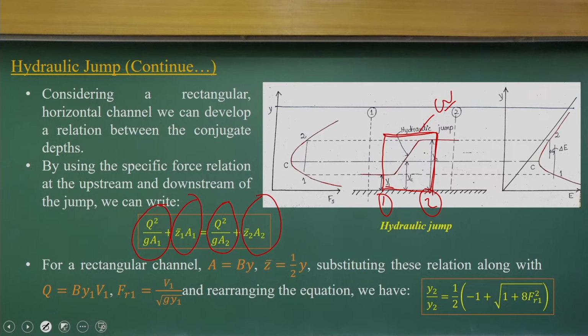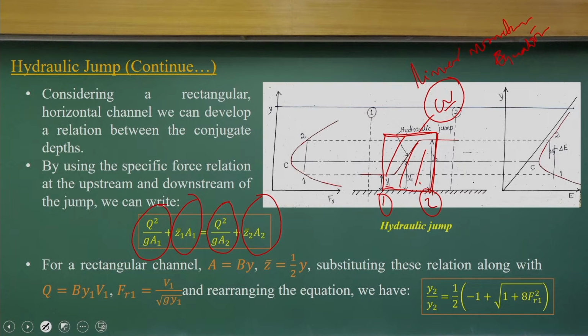That means we are looking at the control volume where the hydraulic jump happens, and we apply the linear momentum equation. As we consider there is no significant frictional force acting on this short reach, we can write the force terms in the linear momentum equation in terms of two components.